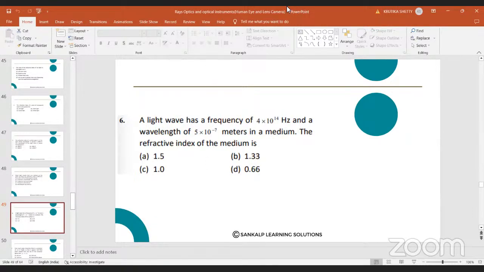So what is the answer? Yes. It is A, 1.5.